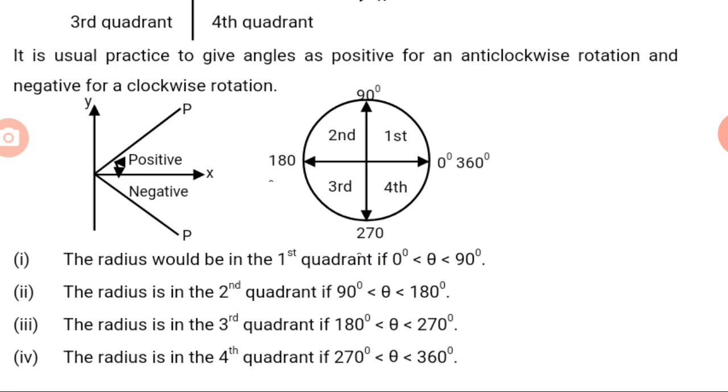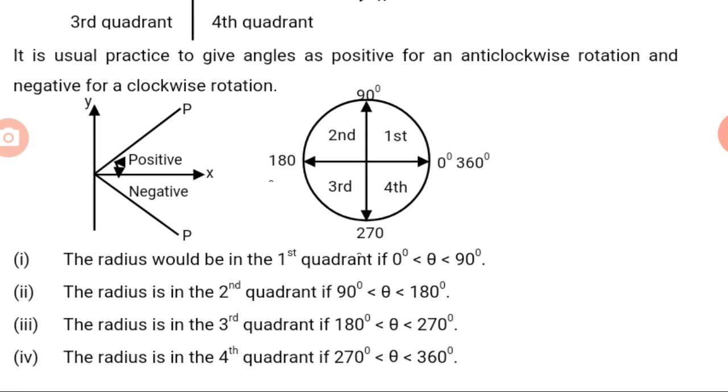The radius will be in the third quadrant if 180 degrees is less than theta and theta is less than 270 degrees.